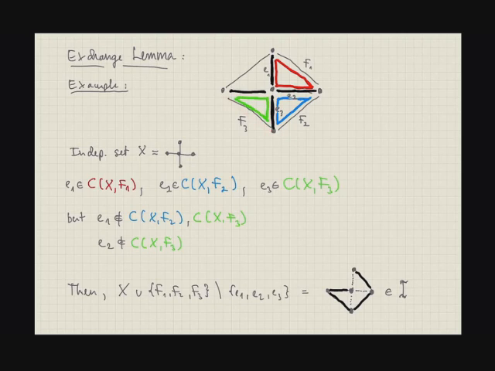Now, the conditions of the lemma say, okay, so if I want to add an edge F1, I have to destroy the corresponding cycle that I generate, and I do that by eliminating edge E1 from X. Same for this one. So when I add F2, then I create this blue cycle here.